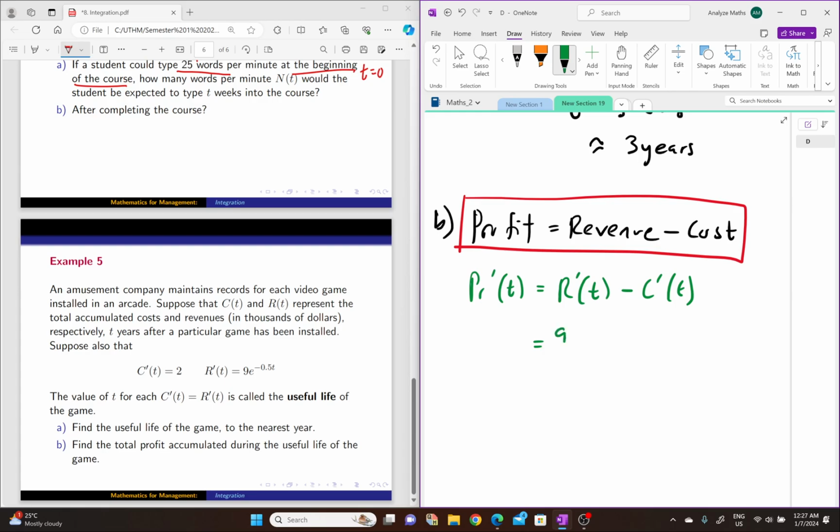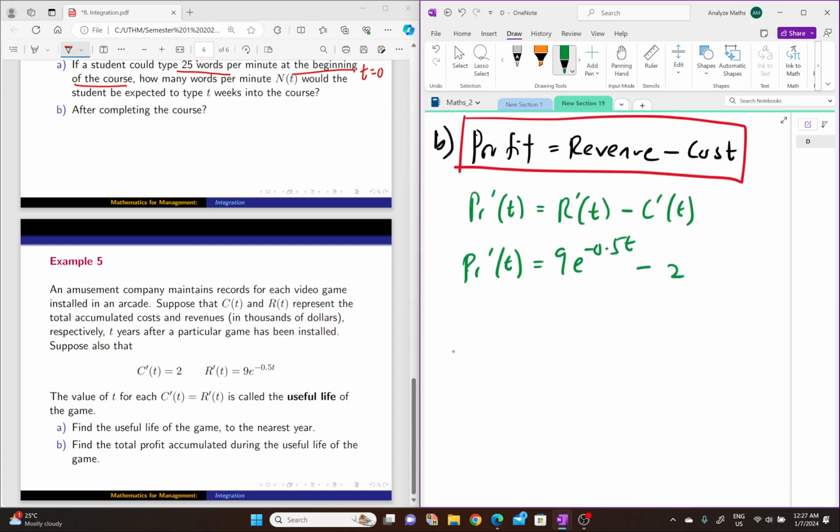This is 9 minus 2, so that is the marginal profit function. Now once we get the marginal profit function, we find the profit function.